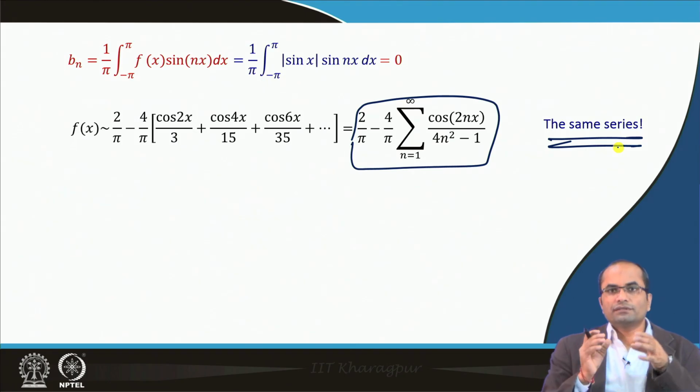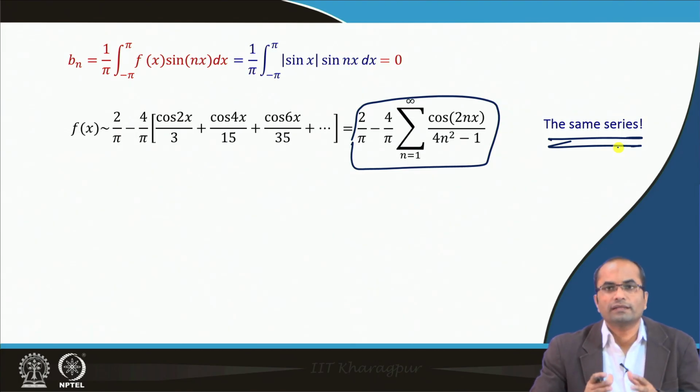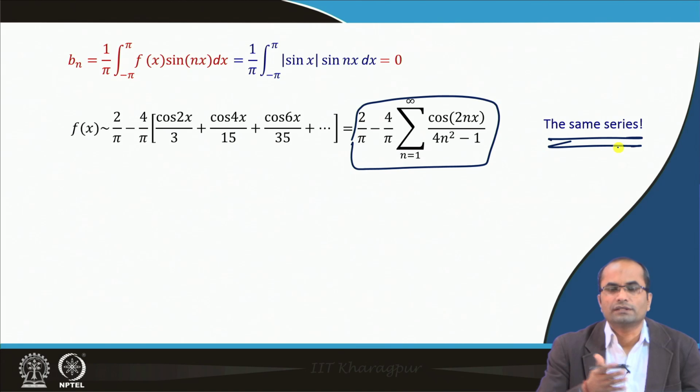So, we have considered two cases here. Once we have taken the function as π periodic, and then we have taken this function as 2π periodic, and at the end we have observed that we are getting the same Fourier series, which is very much expected, because changing this period is not changing the behavior of the function.